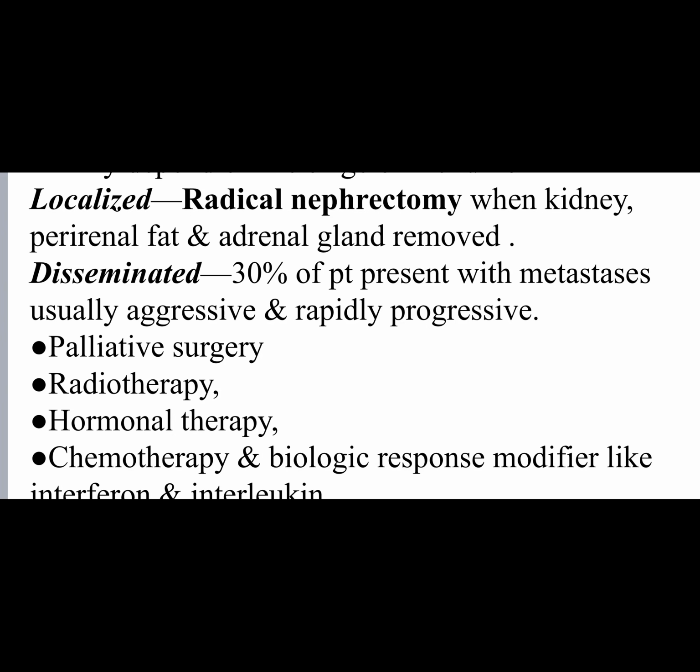In this condition we cannot do partial nephrectomy because of involvement of, or nearness to, the major branch of the renal artery. So the gold standard is radical nephrectomy, but sometimes there is a need to do partial nephrectomy.